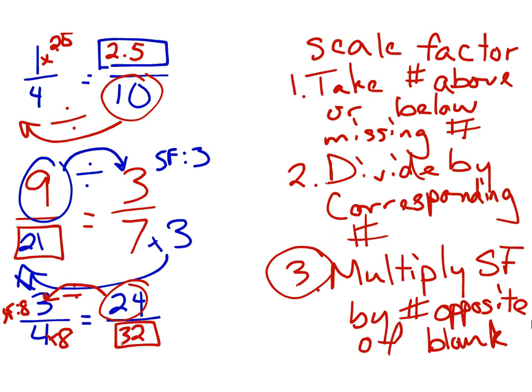So take a little time, review this. If you kind of go back, this is an excellent review for the test, figuring out these proportions, but take the time to go over it right now. We'll do a lot of examples in class just so that you're comfortable with the basics of this, and then we'll actually apply it in some word problems. Have a great day, everybody.